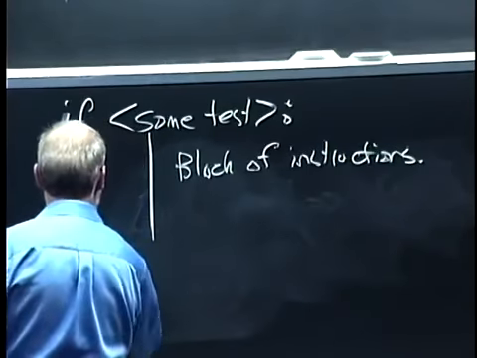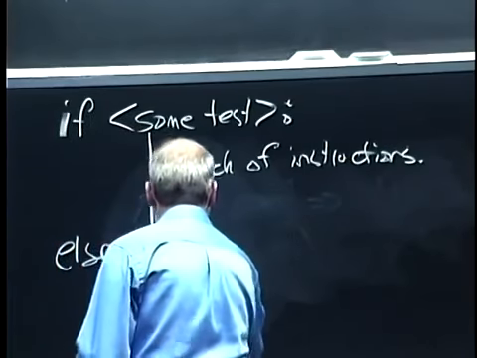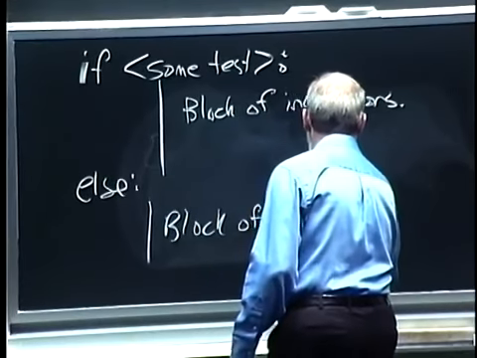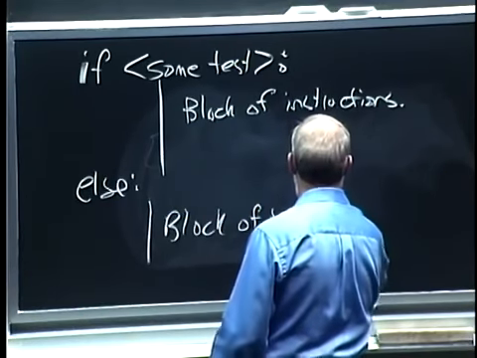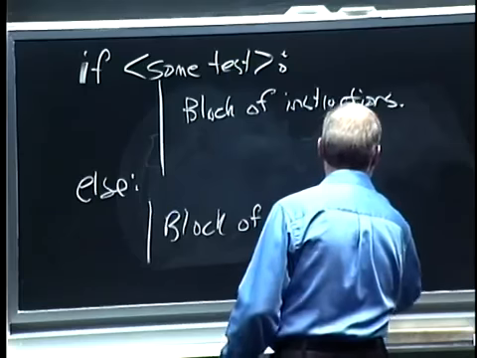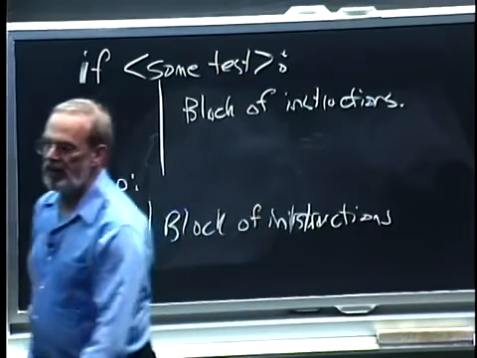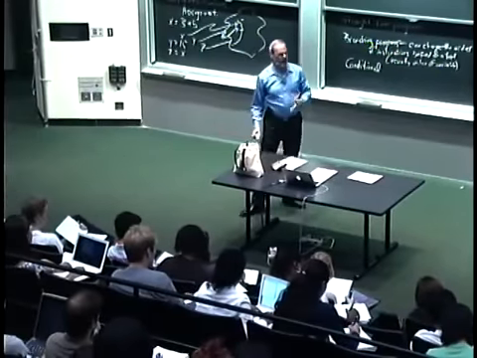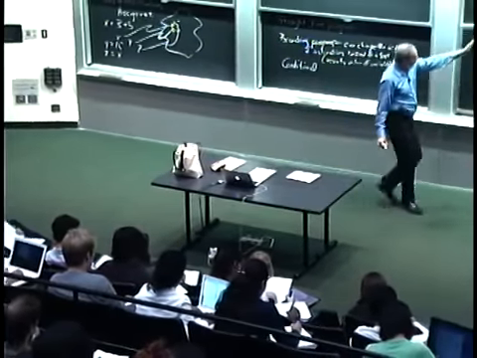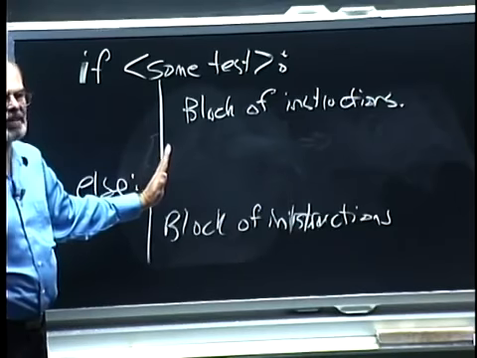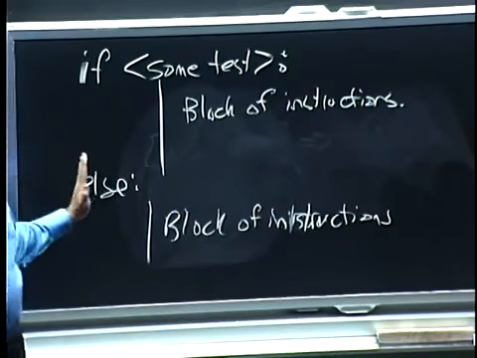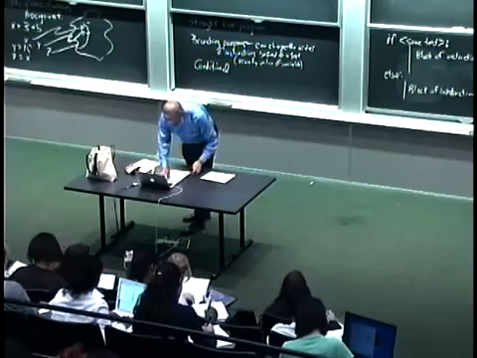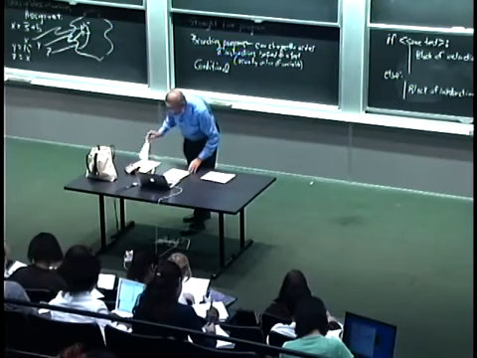And then we have an else followed by a colon and some other block of instructions. And I want you to get used to this. That colon is important. It identifies the start, and then the set of indented things identify all the things at the same level, and when we reset back to the previous level, that's when we go back to where we were. Okay. Now, that's a nice simple little test.